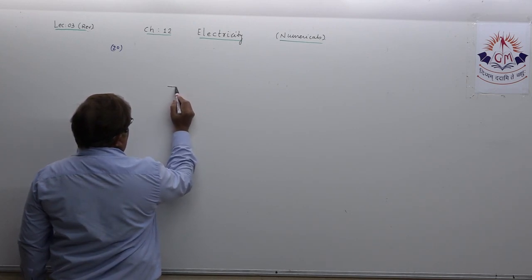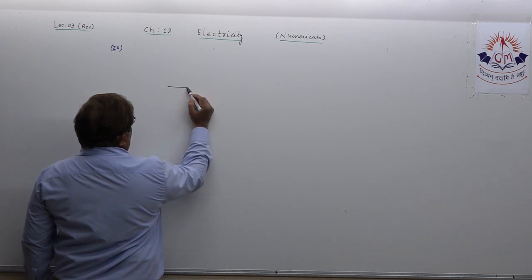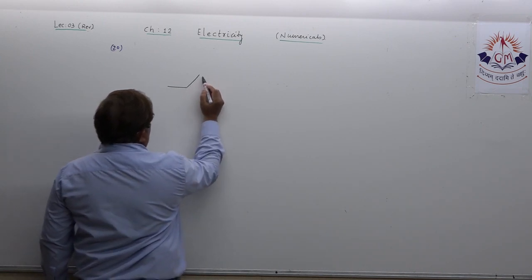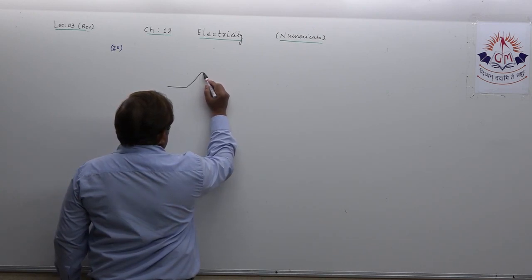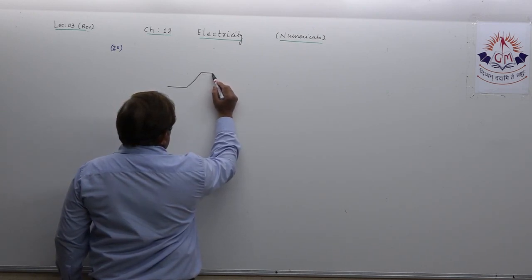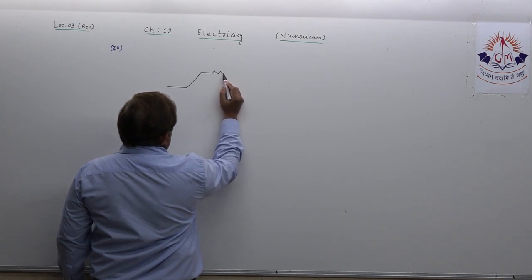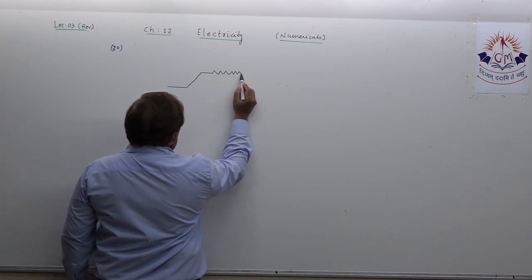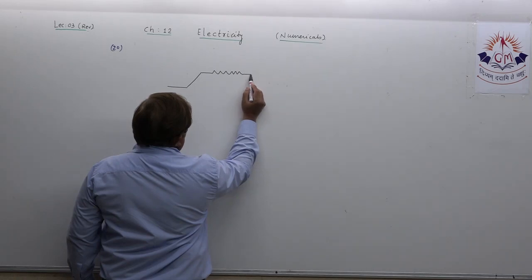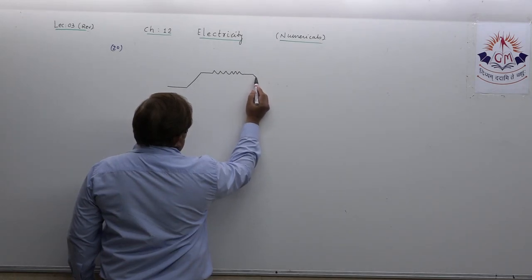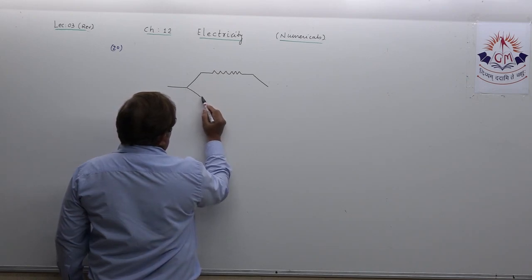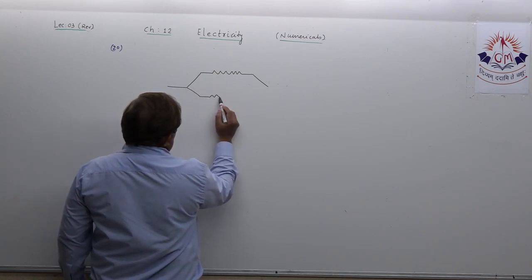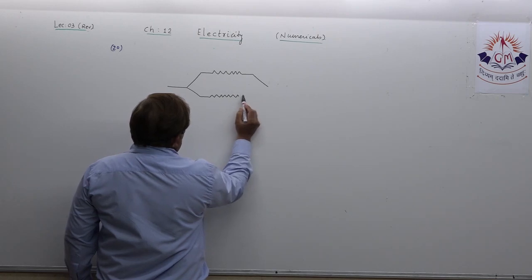Okay, whenever you are asked to draw the schematic diagram, it always carries marks. Remember this very well. So the first resistor. Be very conscious in drawing the schematic diagram. Now the second resistor, I am showing it here.